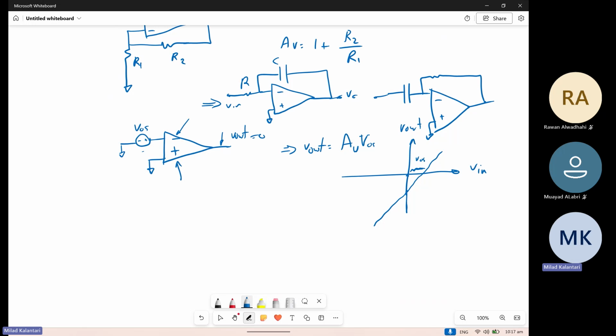What else did we consider? We checked that the op-amp may need some extra bias current at the input because the circuit internally is some sort of transistors, right? This transistor sometimes needs some base current.